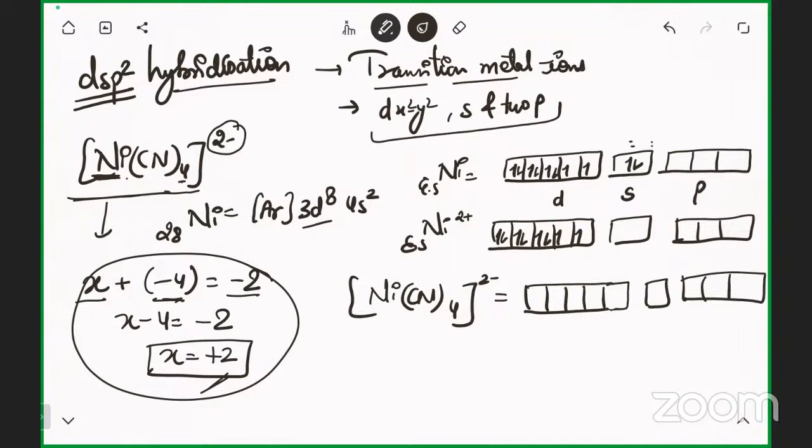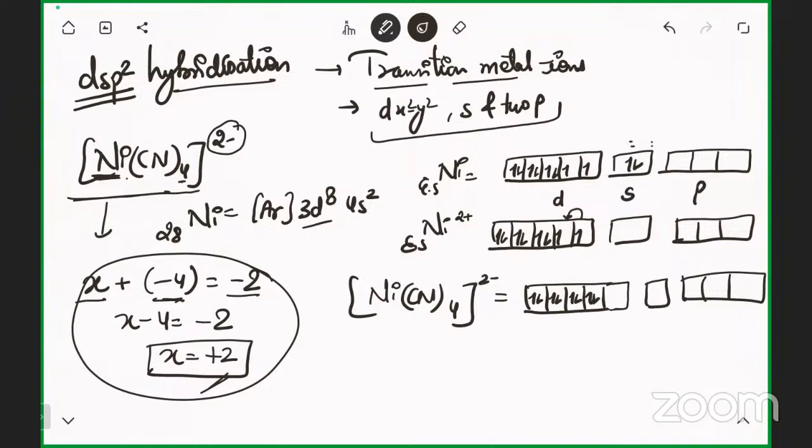Okay, what will happen in this particular case? The electrons present in the d orbital shift inward and pair up with their own electrons. So now we have 1, 2, 3, 4, 5, 6, 7, 8 paired electrons.